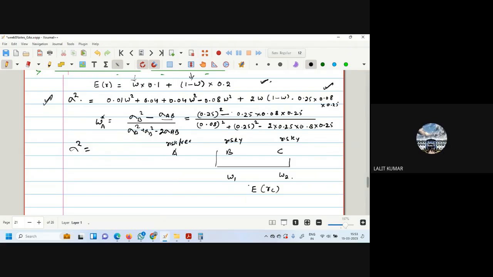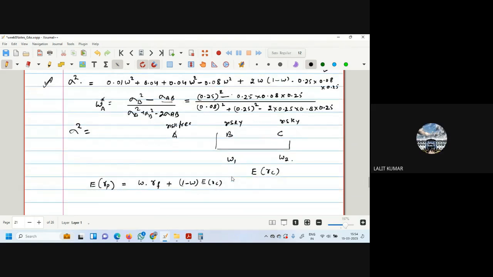In the next step, you include A also, and now your total return of portfolio will be equal to W into RF plus 1 minus W into this ERC. The total variance of this will become 0 plus only the variance of this, which you have already calculated.